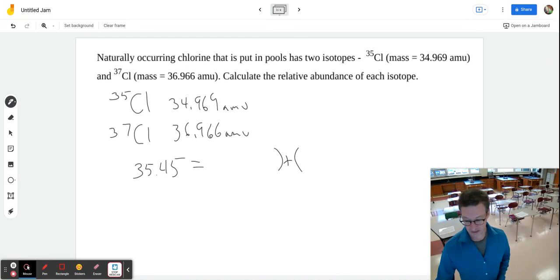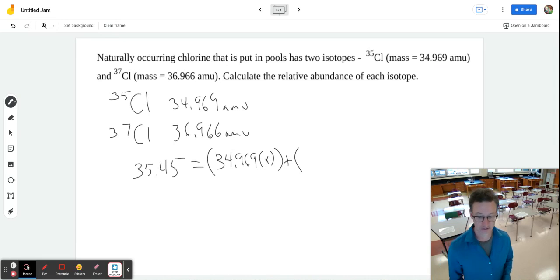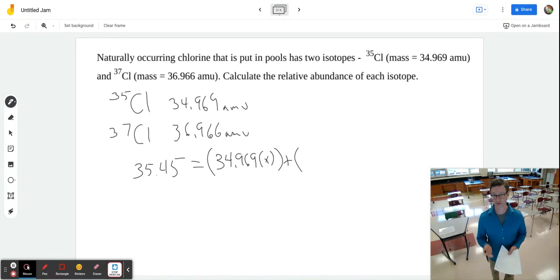So if I don't know the percentage, I could say, let's say 34.969 times X. X is the percent abundance of that isotope.